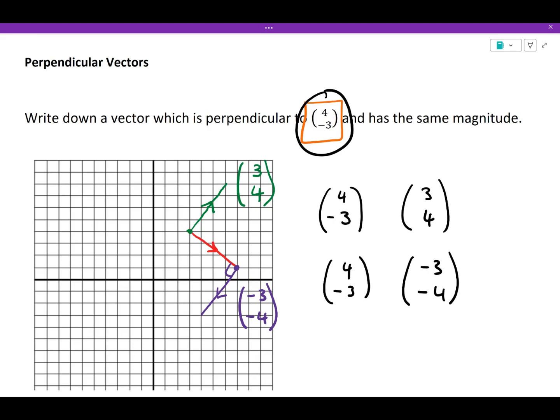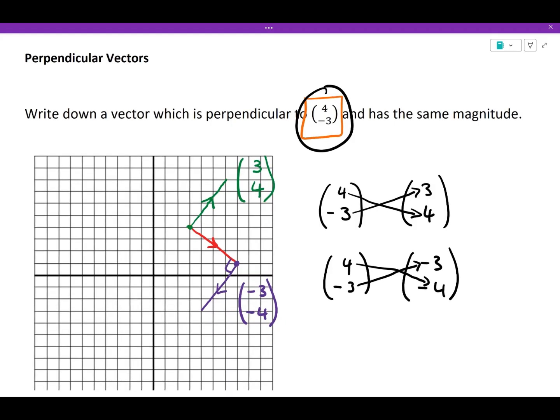Hopefully what you notice is that if you ignore the negative signs for a second, the 3 and the 4 have swapped around. So the 3 has shifted up here and the 4 has shifted down to the vertical component. And similar has happened here and here. So that's one change that's been made.